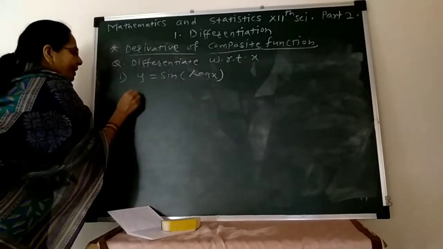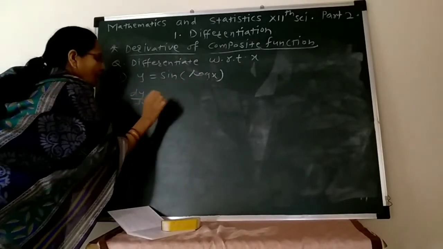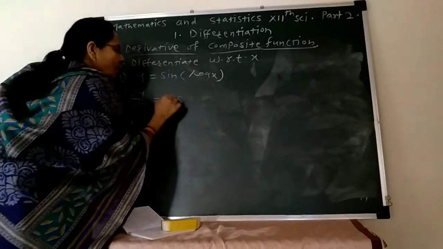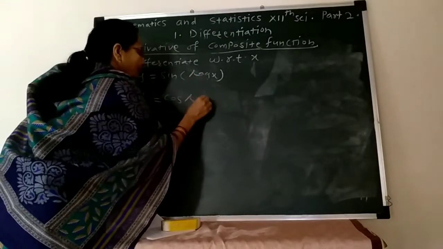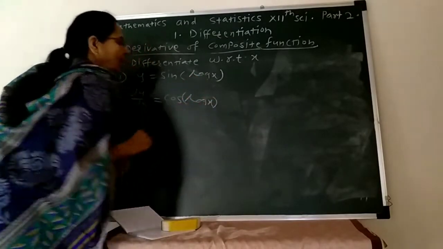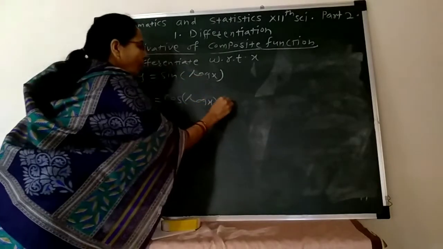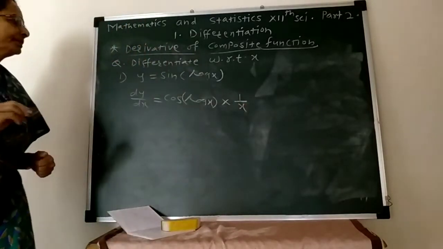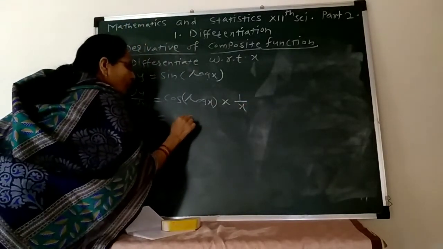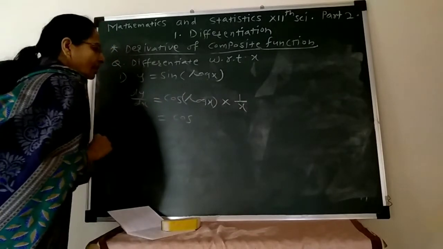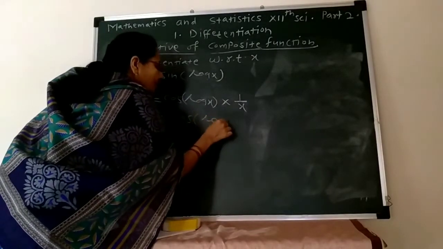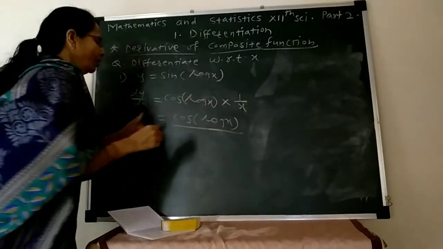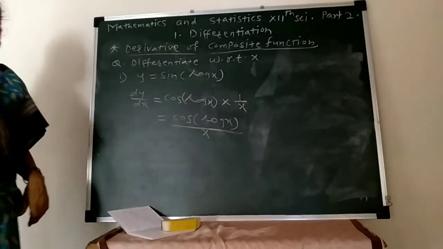So while taking derivative, take derivative of this first, sin, that means cos log x, and multiply by derivative of log x, which is 1 upon x, is equal to product at numerator cos log x, product at denominator x. This is the answer.